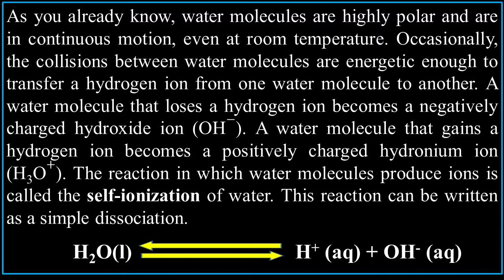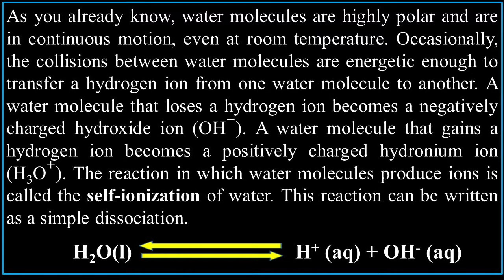As you already know, water molecules are highly polar and are in continuous motion even at room temperature. Occasionally, the collisions between water molecules are energetic enough to transfer a hydrogen ion from one water molecule to the other. A water molecule that loses a hydrogen ion becomes a negatively charged hydroxide ion.